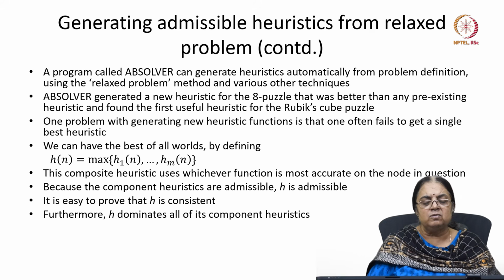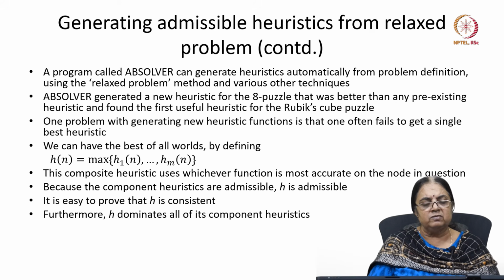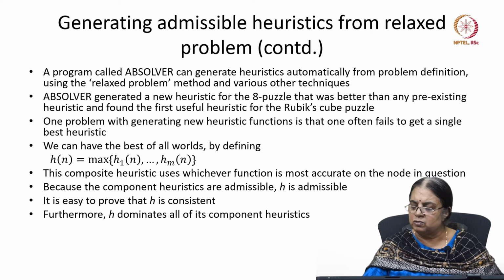We need to take the maximum of all these heuristics, and that is the heuristic which needs to be used. This heuristic will be admissible and consistent, and it dominates all the other heuristics that you have. So that is the heuristic that we need to use over here.